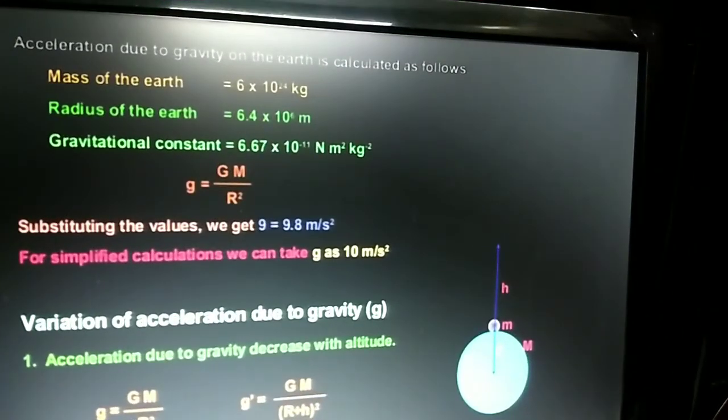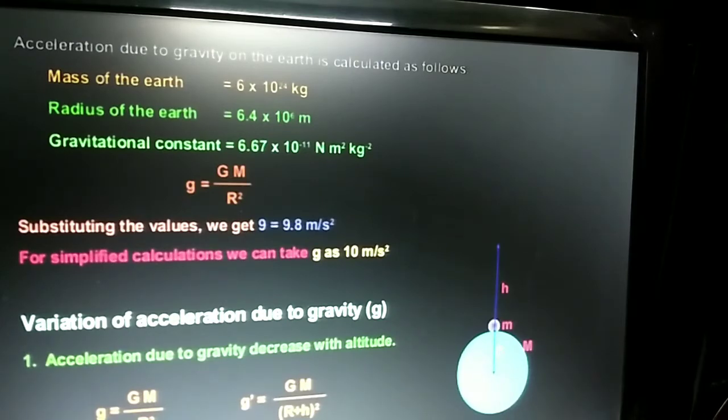Will acceleration due to gravity vary? If it varies, with what factors does it vary? The first is that acceleration due to gravity decreases with altitude. That is, as we go to a height from the earth's surface, what happens to the acceleration due to gravity?